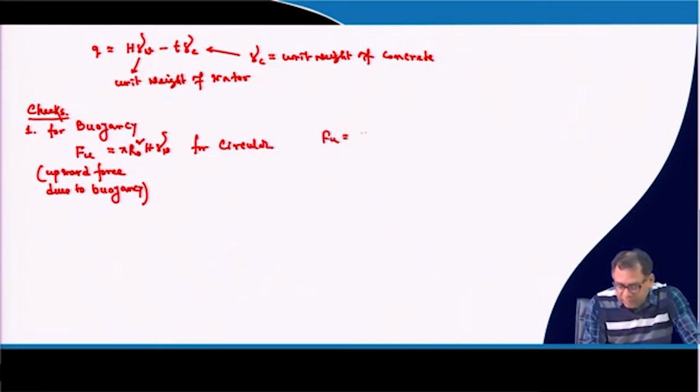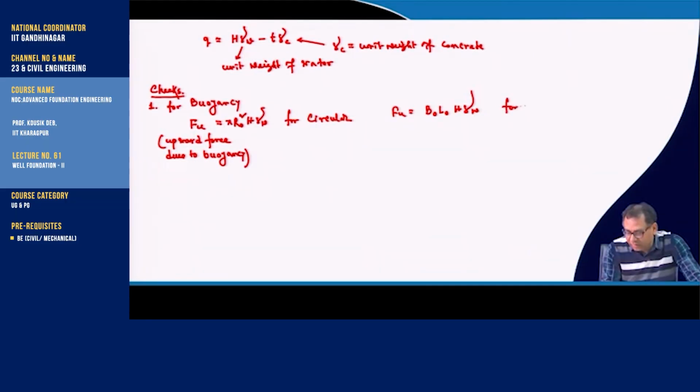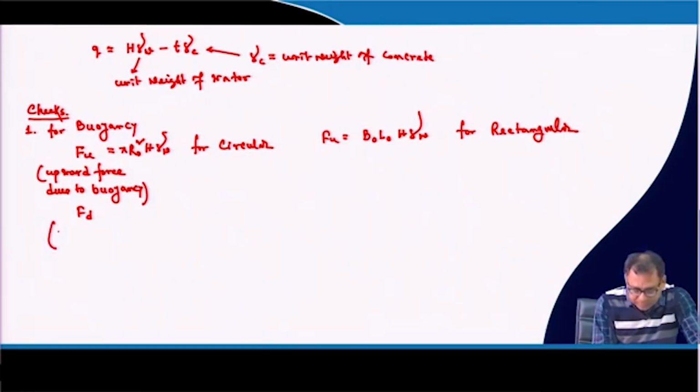And Fu for a rectangular well will be B outside into L outside, that is the area, into H into gamma W. Now, what is the downward force? Fd is the total downward force.